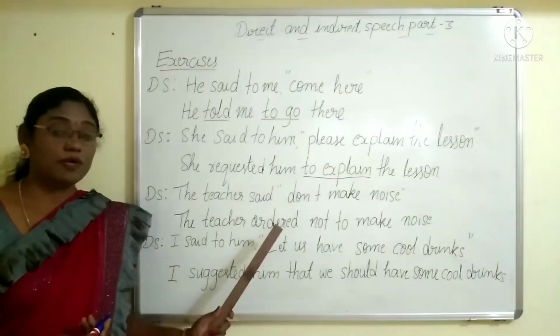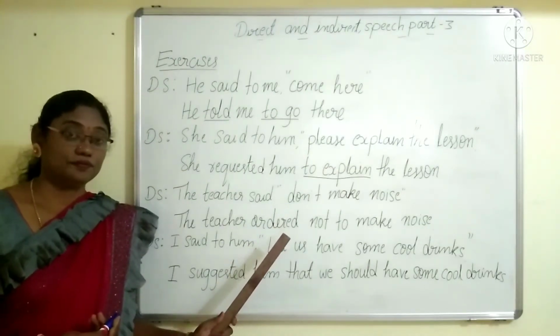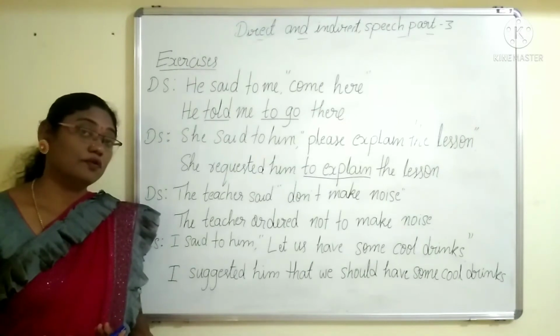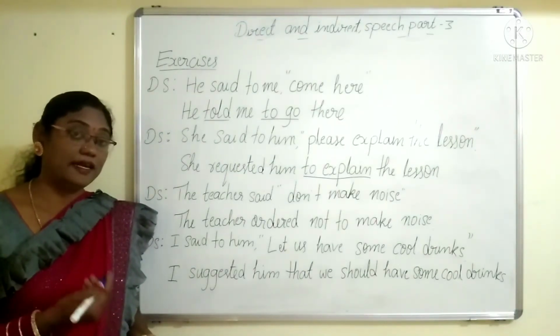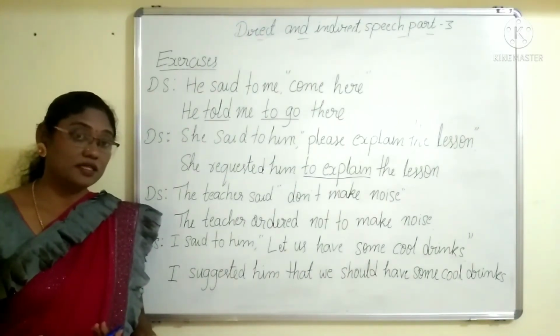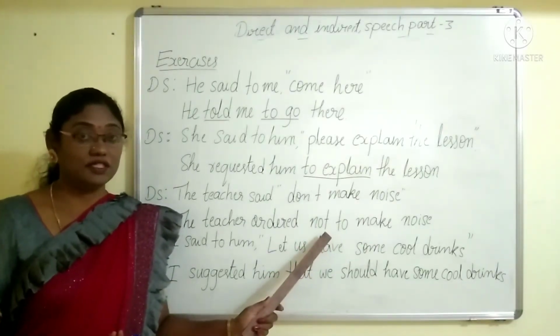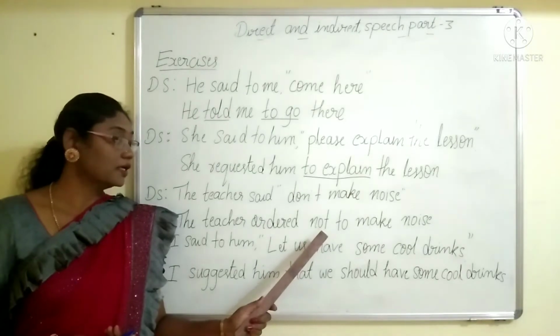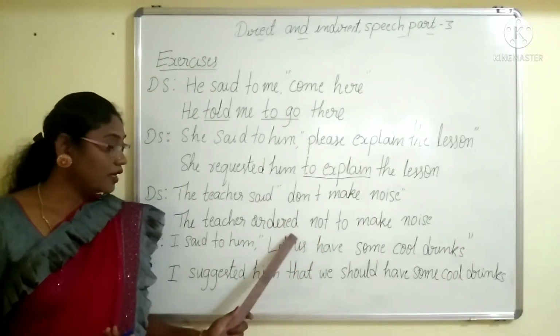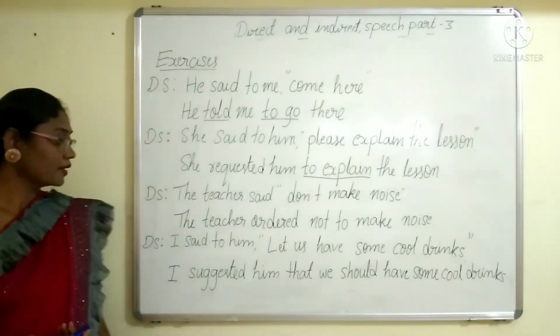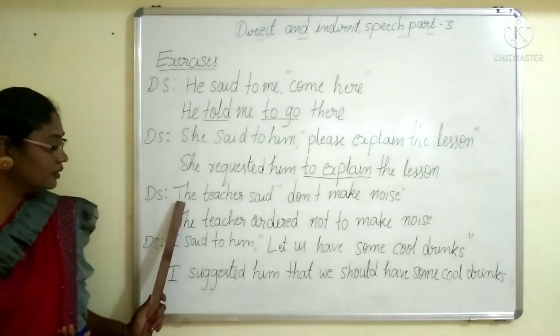Now here you have to apply the third rule. If there are any negative instructions or negative imperative sentences, we have to use not or not to, isn't it? The rule number 3. So as per that rule, I have used not to make noise. Okay, again I'll tell.